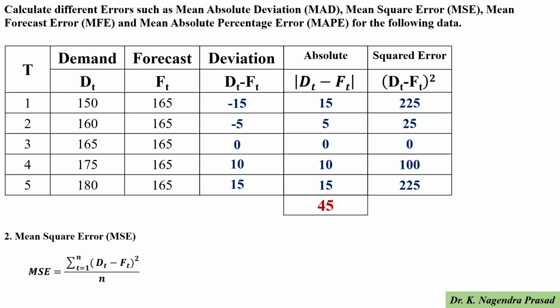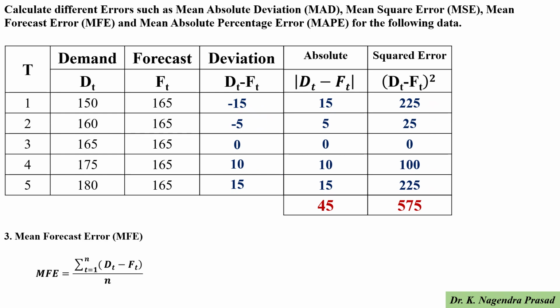For the first time period, minus 15 whole square is 225, minus 5 whole square is 25, 0 square is 0, 10 square is 100, 15 square is 225. Next we determine the summation of these squared errors, which is 225 plus 25 plus 0 plus 100 plus 225, equal to 575. Then MSE equals 575 divided by 5, which is equal to 115.